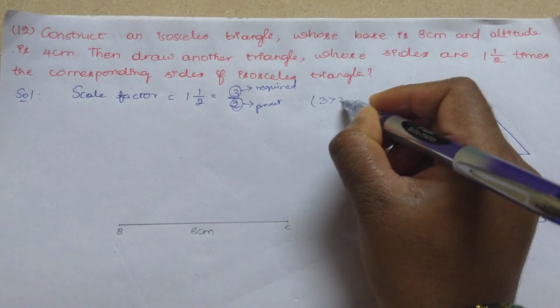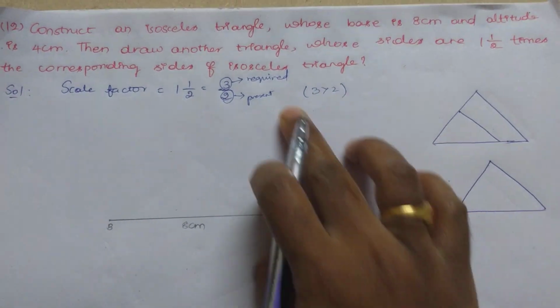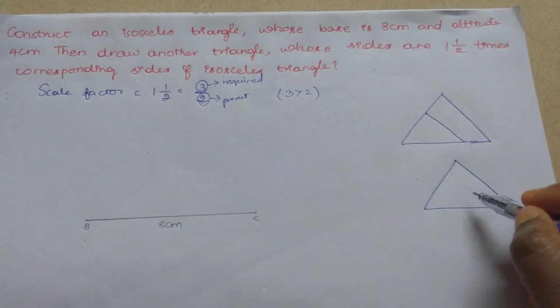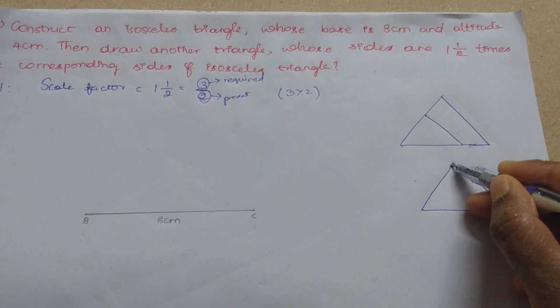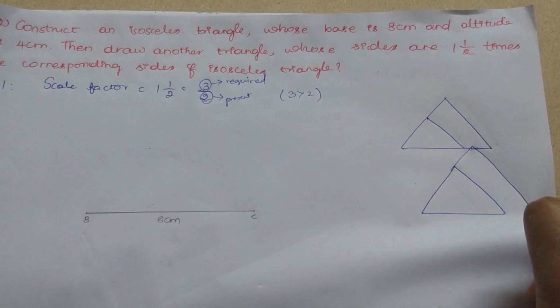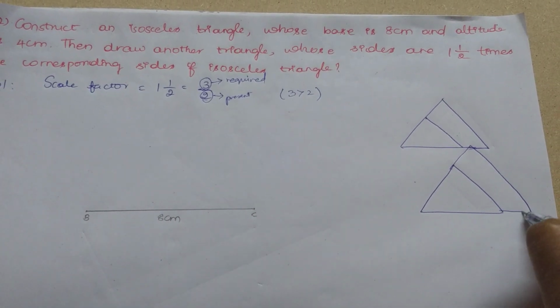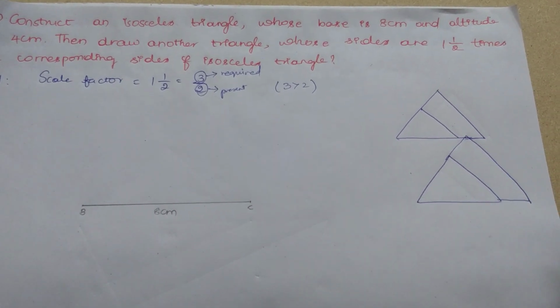Correct? Since here the present triangle value is 2 and the required triangle value is 3, and 3 is greater than 2, it means the required triangle will be extended. It means the new dimensions will be exterior to the present triangle.